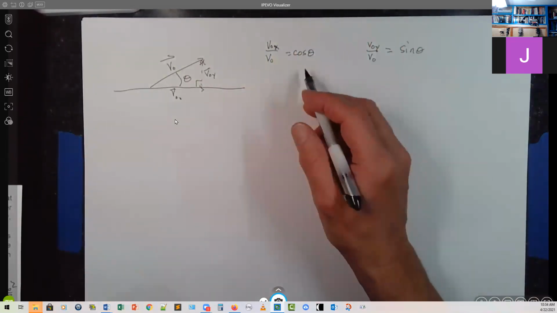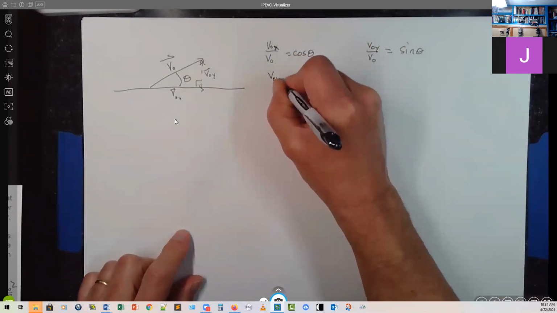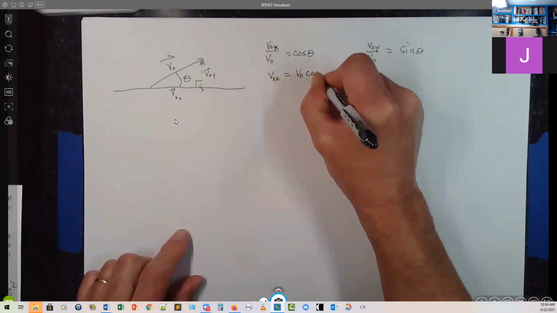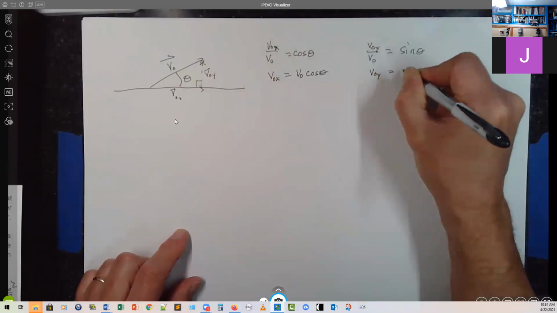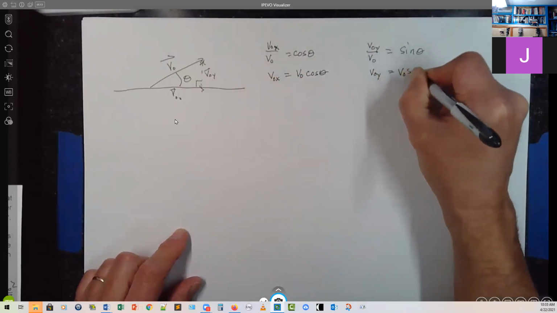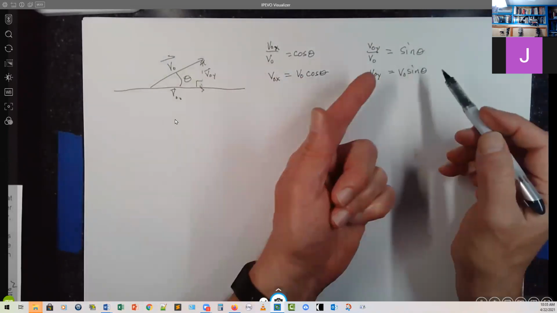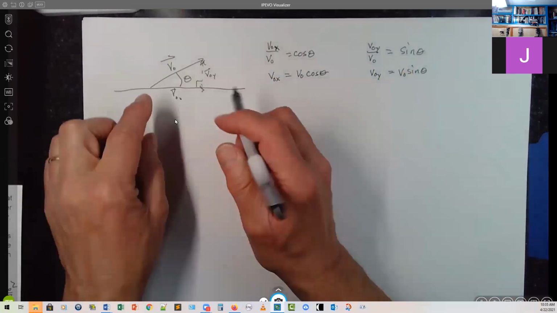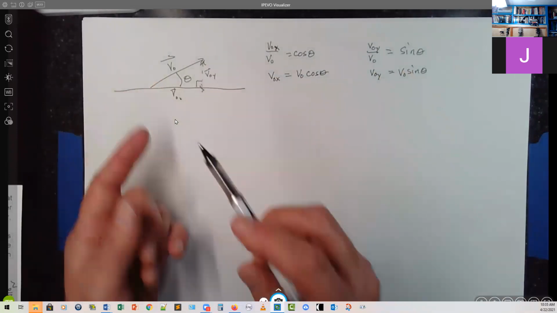We almost always immediately solve these, or just remember them this way: V0x equals V0 cosine theta, and V0y equals V0 sine theta. These are called the components of the velocity. We could write the velocity as this vector plus this vector, and those are the components of the velocity.